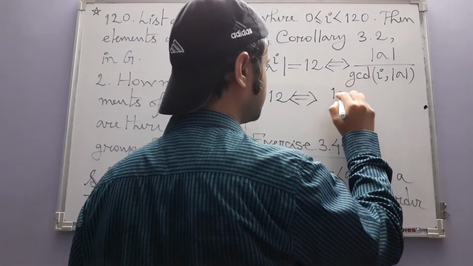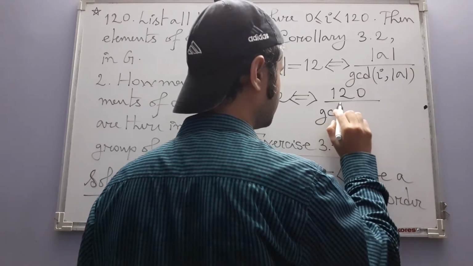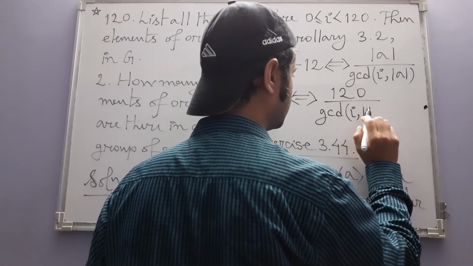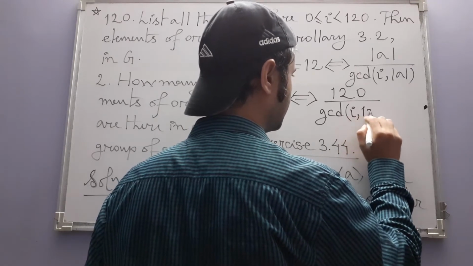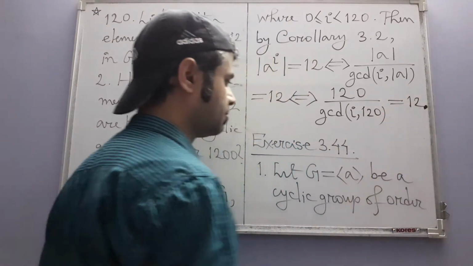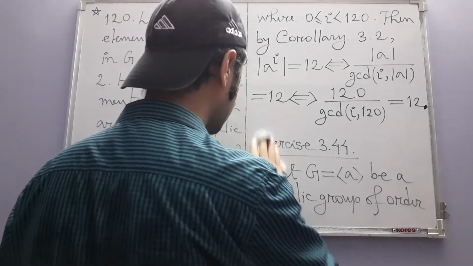So that means 120 divided by the GCD of I and 120 equals 12. So ultimately now things boil down to this.